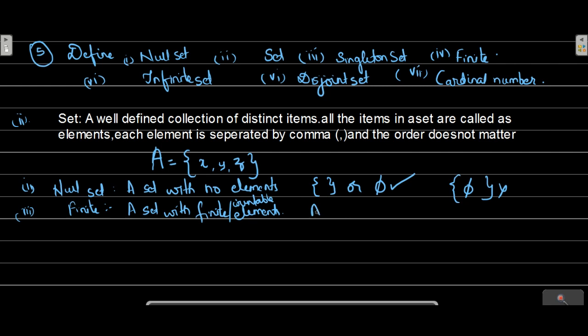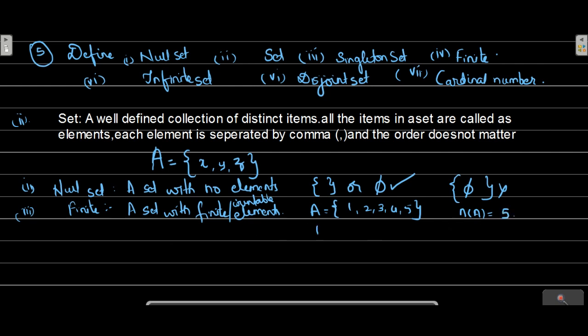If I take a set, for example, A equals 1, 2, 3, 4, 5, is it a finite set? Yes, because we can count the number of elements in it. N of A, the cardinal number of A, is the number of elements, which is 5. We are able to count it.